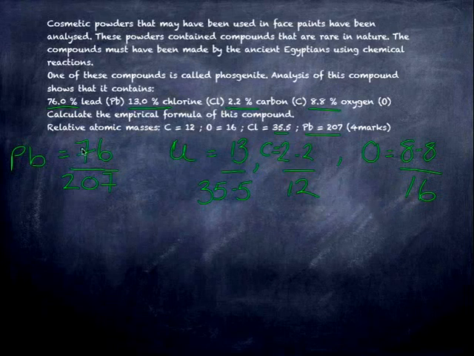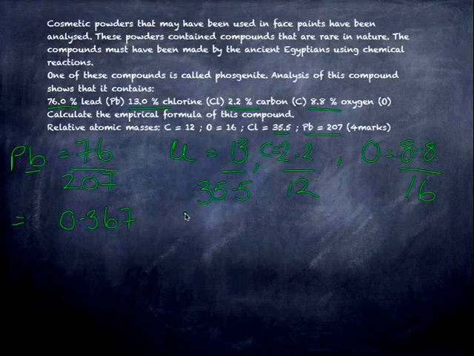So this gives us, when we work this out via the calculator, 0.367 of the lead. When we do the same, 13 divided by 35.5, that works out at 0.366.